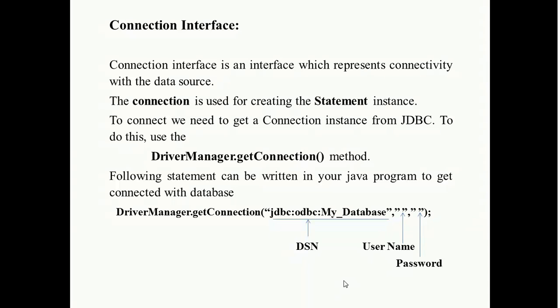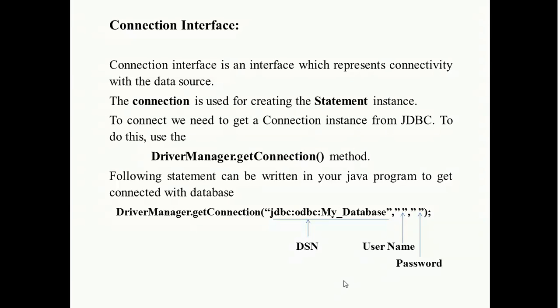Then next is the Connection interface. The Connection interface is an interface which represents the connectivity with the data source, and the connection is used for creating a Statement interface. So when you use the Statement interface, the Connection object is used. So the next step is to create the Connection object, and by using the getConnection method we can create the connection.